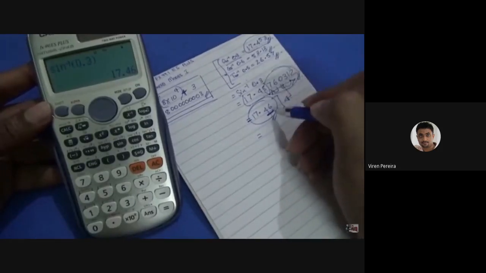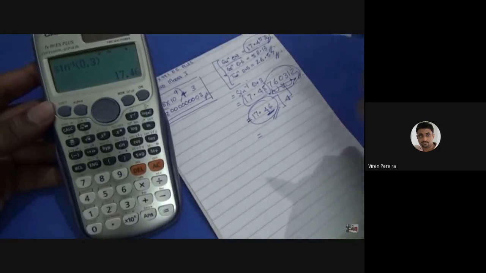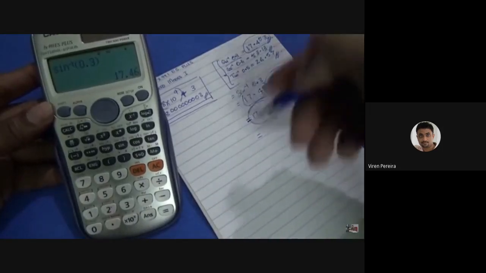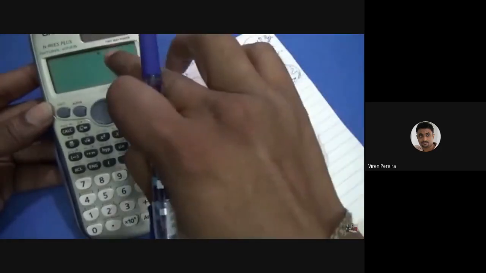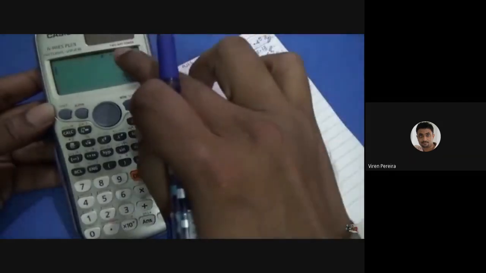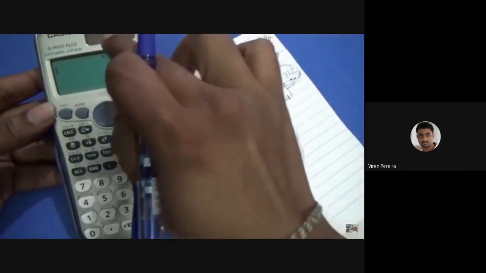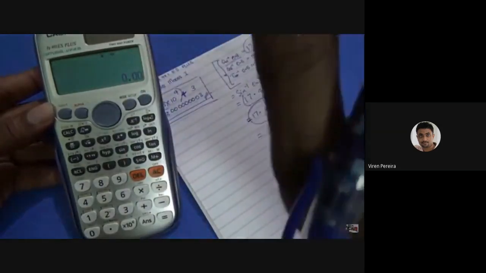I directly got my answer as 17.46, which makes it very convenient at the time of examination. Many a times I have seen people having this fix option, but they don't know what it is. So this is the major function of fix, and it has vast uses.